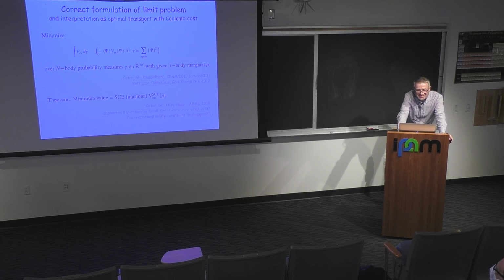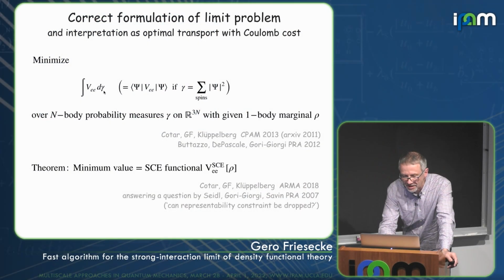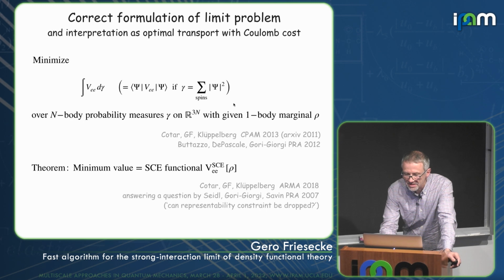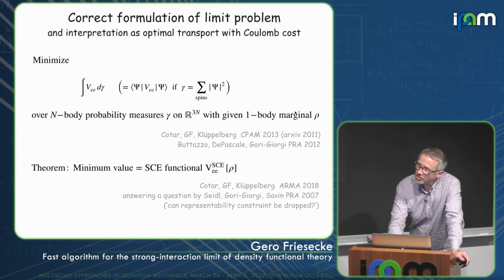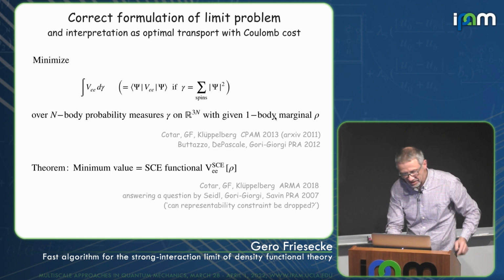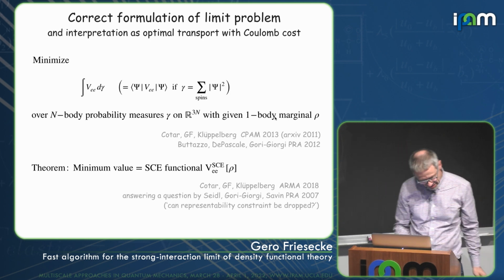Okay, so here we go. The correct formulation then is to minimize the integral of the interaction energy, not against the wave function squared, but really over n-body probability measures with a given one-body marginal or one-body density. And so that's the correct formulation. Why?